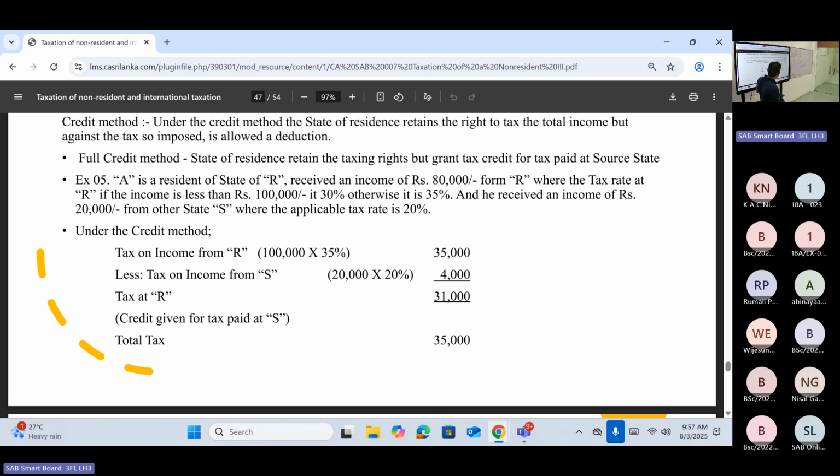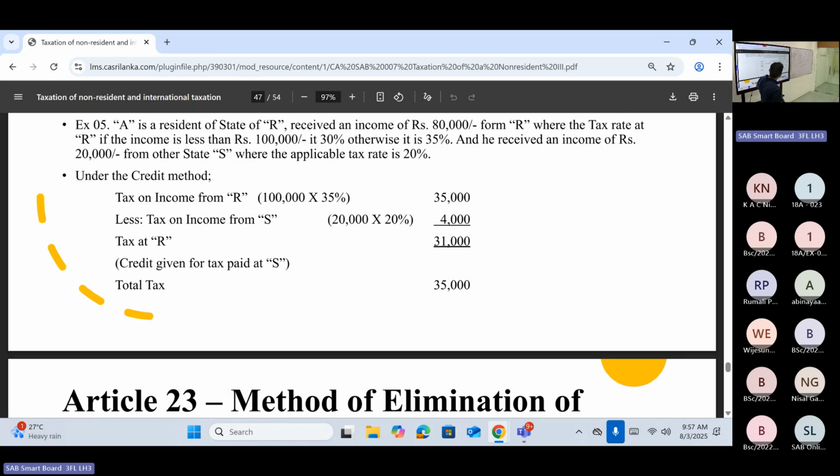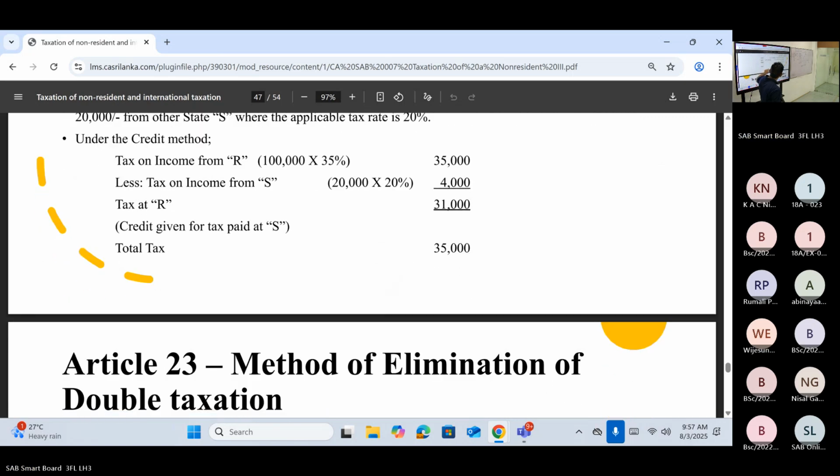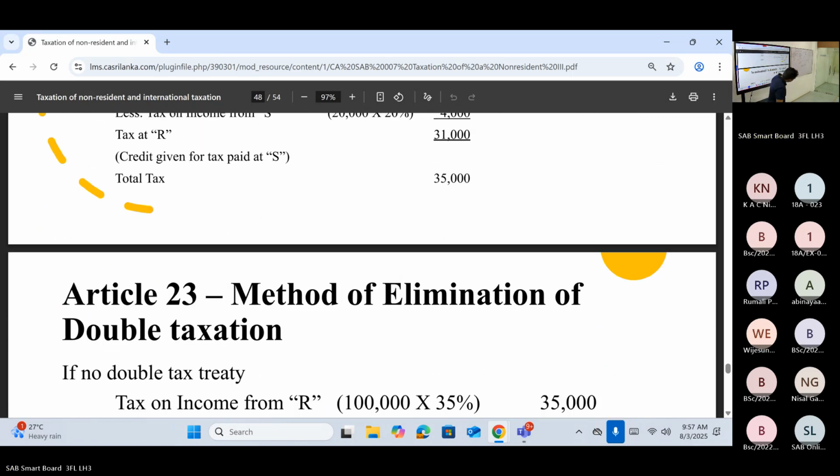He has already paid another 4,000 in the source country on the source income. That 4,000 he is paying anyway. Total tax exposure is 35,000. The resident country gives a maximum of 35,000, so we are giving full tax credit.